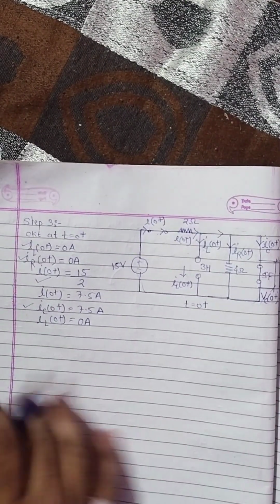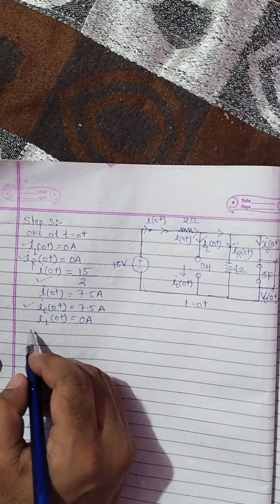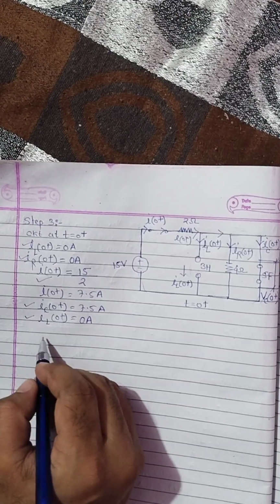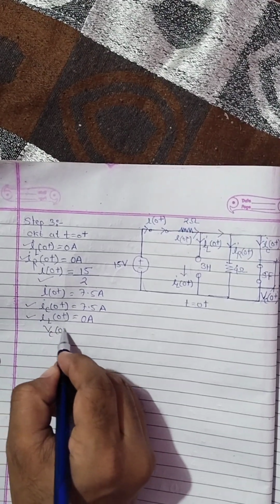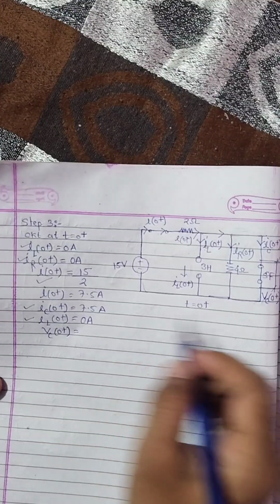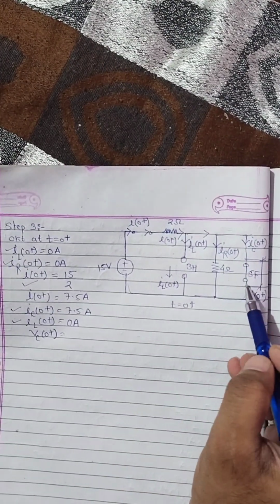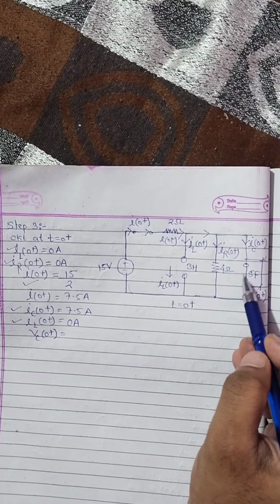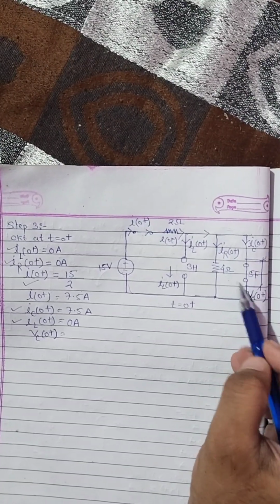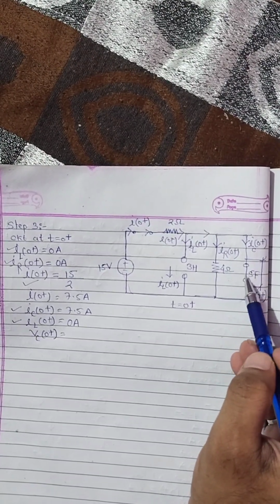Similarly, the next target is to calculate VC0+. By seeing this circuit, we can say that this is a short circuit, and physically there is a capacitor.